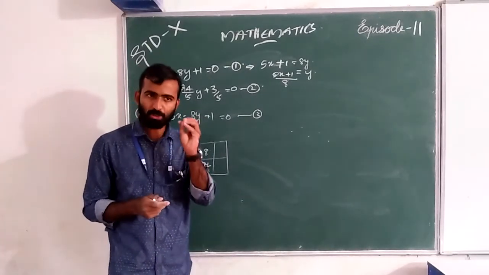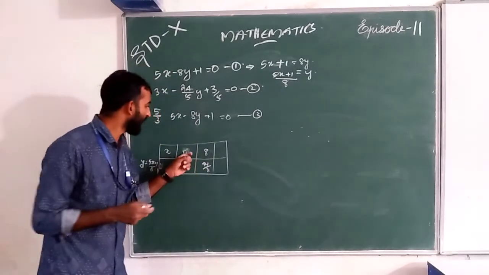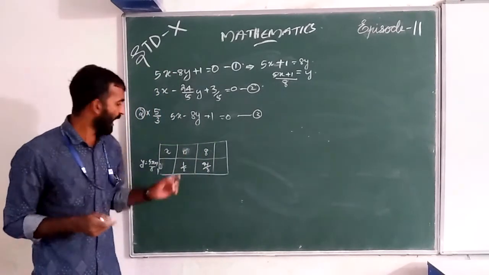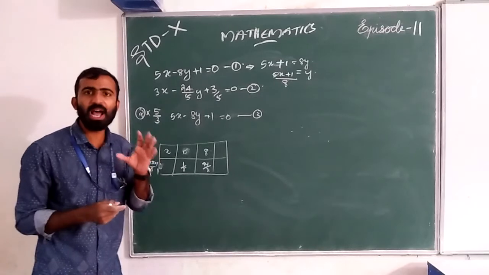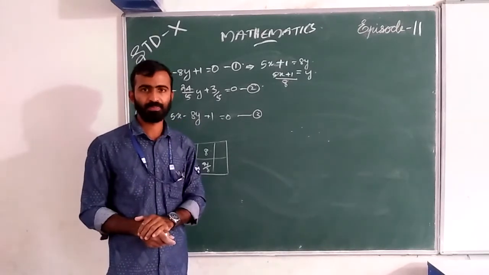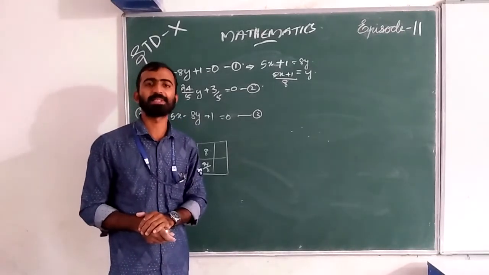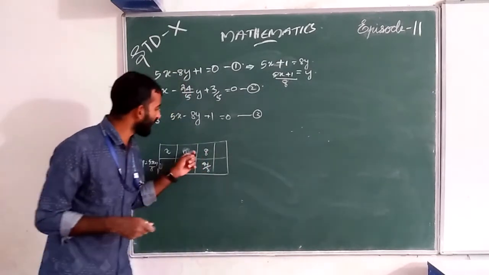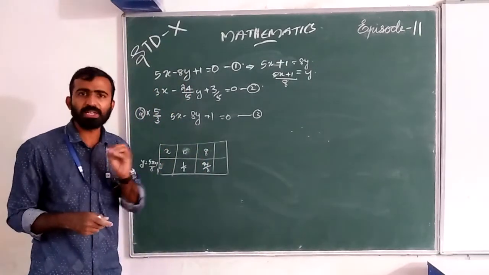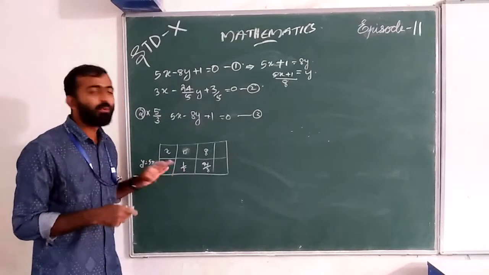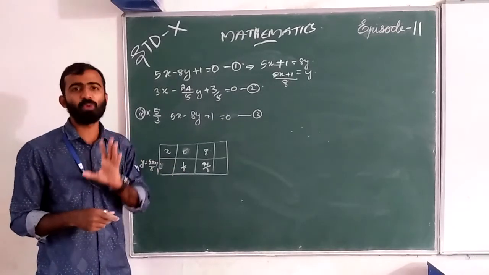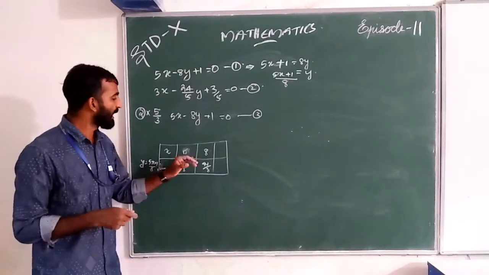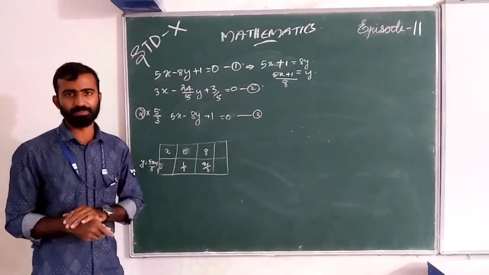Here we call 0 the x coordinate, and 1 by 8 the y coordinate. So you can take any value for the x coordinate, then you get the corresponding y coordinate. Then here I take 0 and 8.